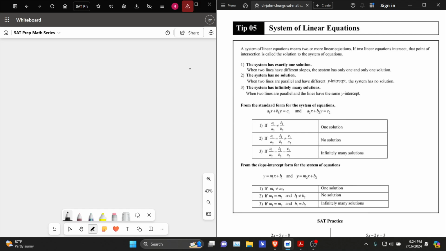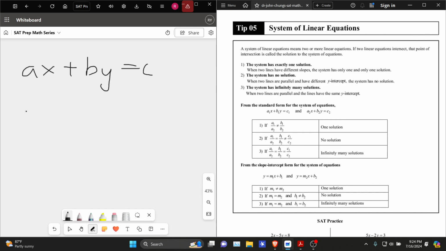From the standard form of a linear equation, which looks something like this, ax plus by is equal to c, we can use this form to tell how many solutions a system has.